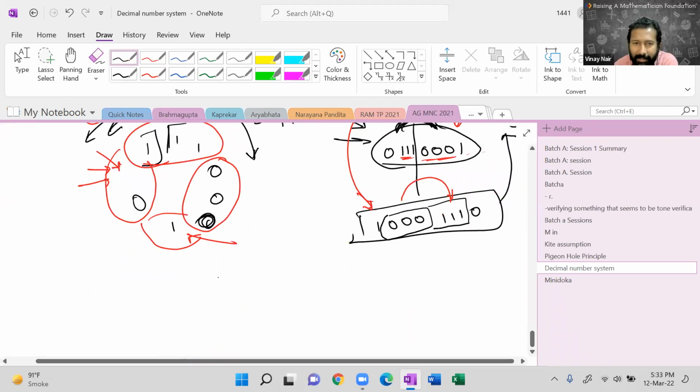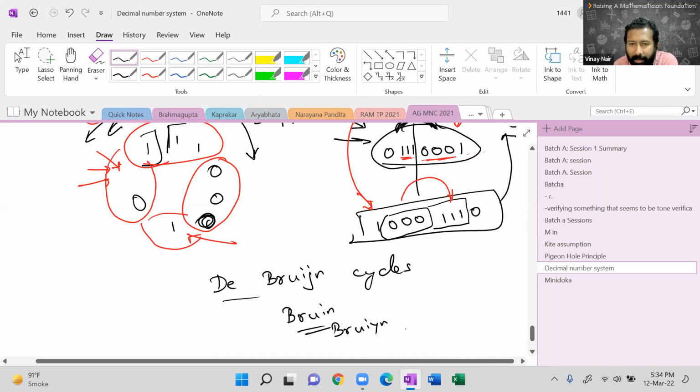Now this kind of a cycle is called a De Bruijn cycle. This is pronounced as Bruijn, the J is silent, or maybe something like Bruyn, like a Y. In some languages this J is pronounced as Y. They write it as J but pronounce it as Y. Anyone know which languages?